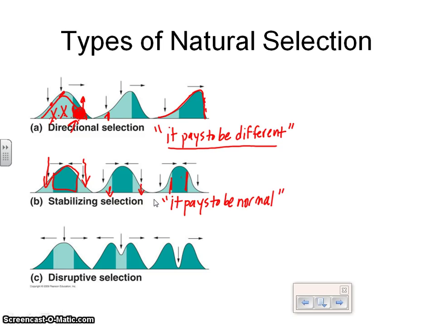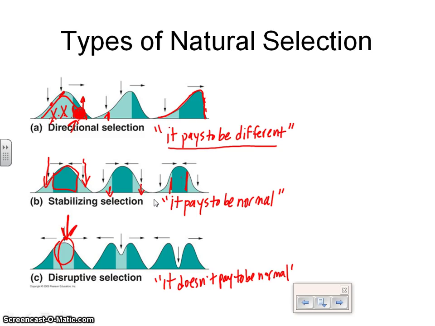And then we also have disruptive natural selection where both extremes are favored. Okay? So it doesn't pay to be normal in this type of situation. Okay? Because the normal range right here is actually being acted upon by the environmental conditions.